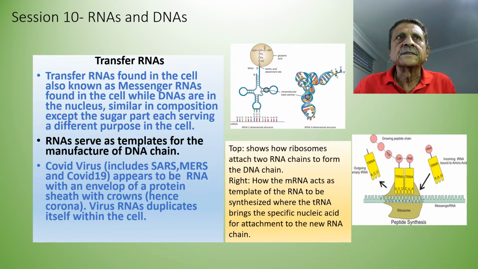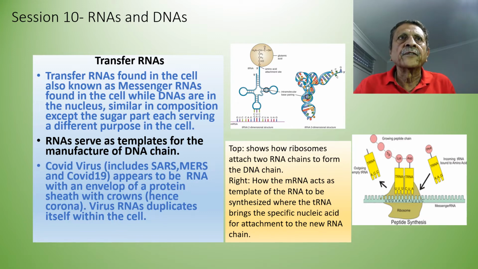Ribonucleic acid is a strand or a chain of compounds that are formed by the combination of several different types of nucleic acids.